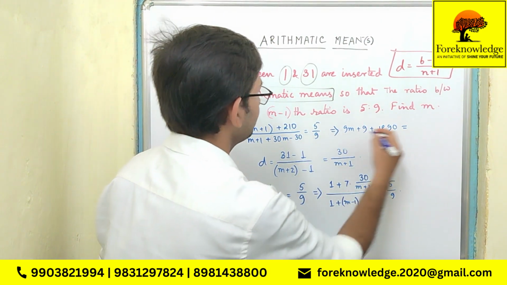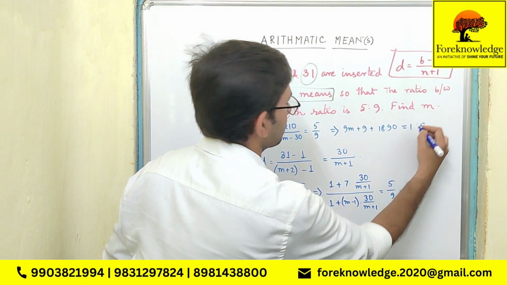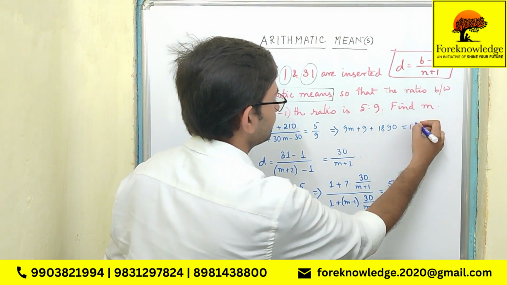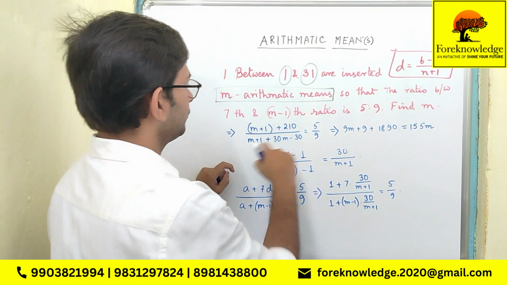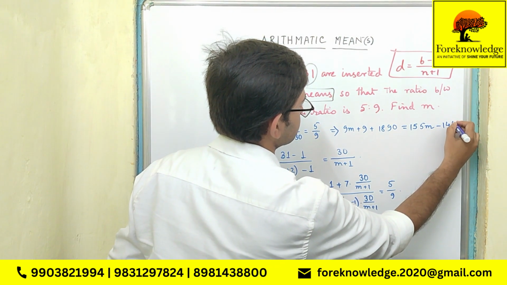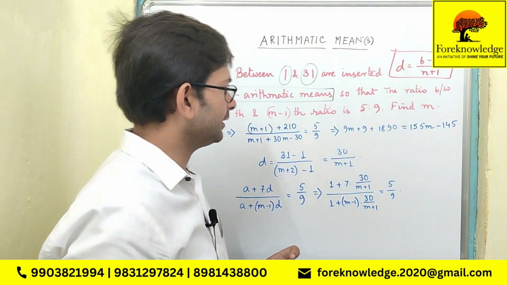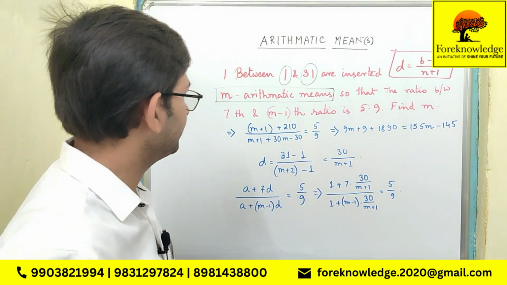So 31 into 5, that is 155m minus 29 into 5, that is 145. From this we have to find the value of m.